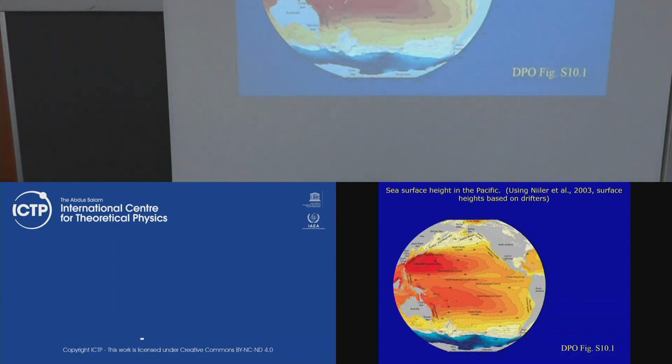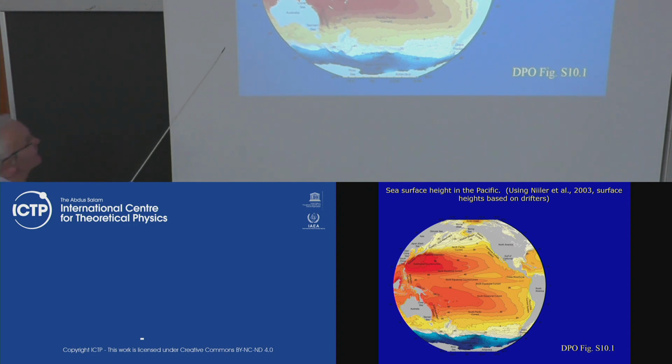Looking at the sea level, you can see again these very huge bumps at the sea surface, which is reflected in a geostrophic flow, leaving the bump on its left. Okay, so here you have the anticyclonic circulation. You're leaving the bump on its right, and here it is on its left.